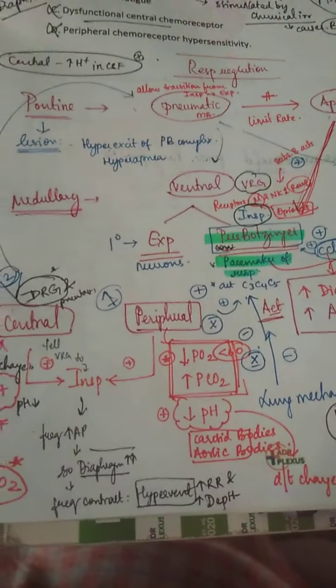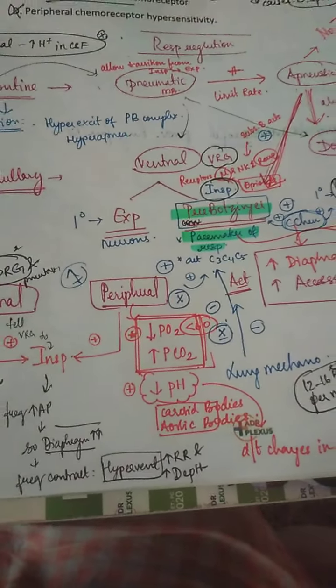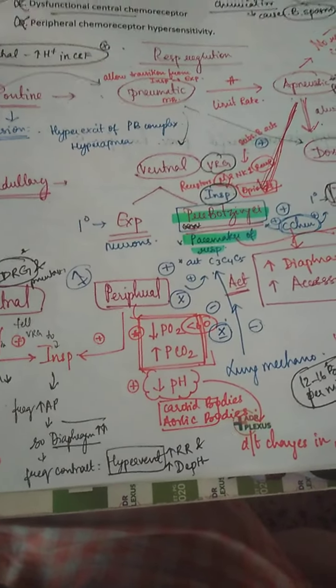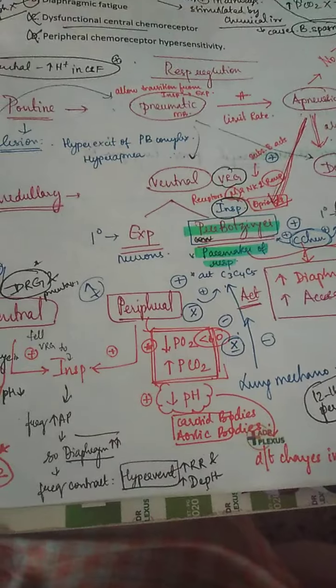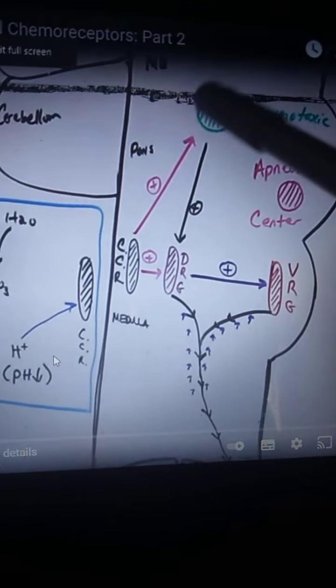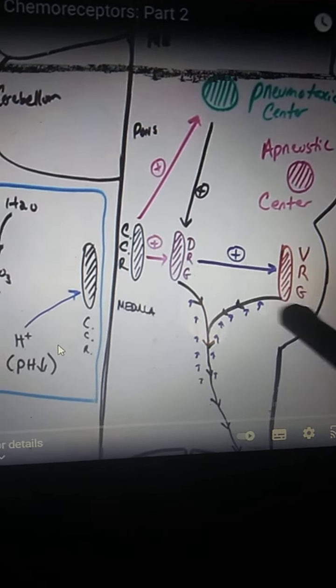What we should know is what regulates respiration. The pneumotaxic center has a direct control over the DRG and also over the VRG, and the apneustic center also has control over everything.